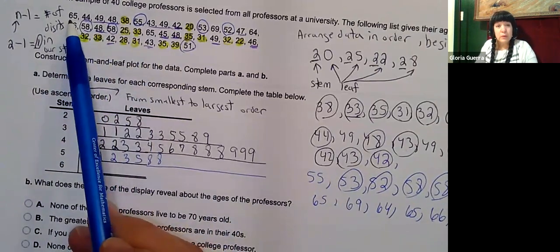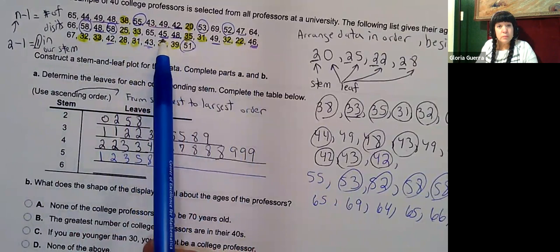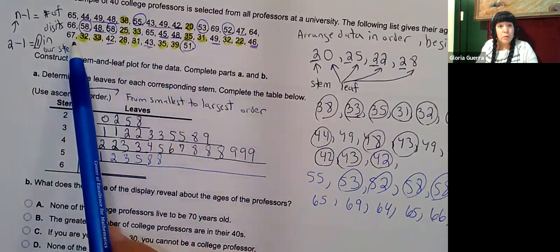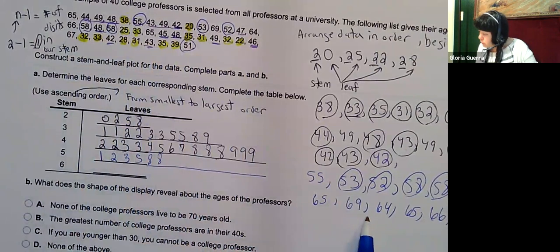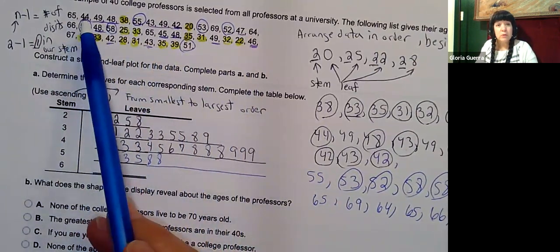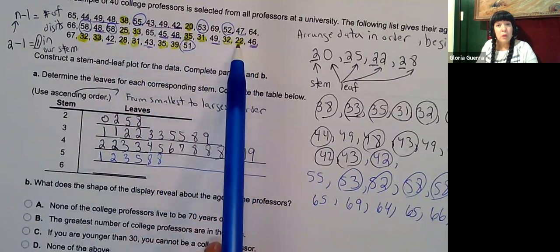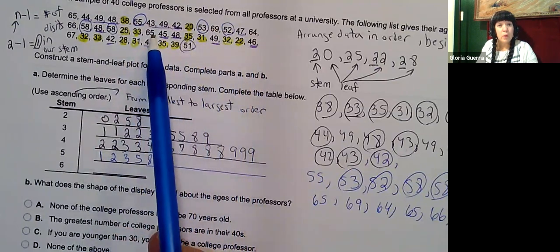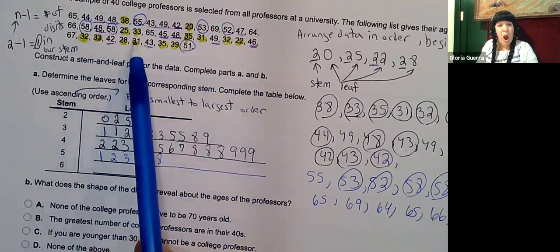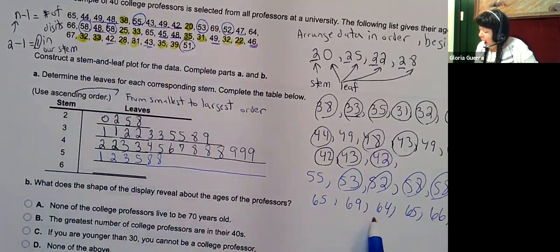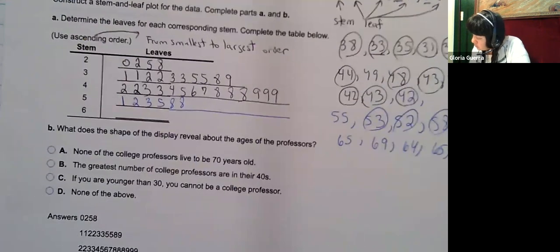Six 60s. Let me check again: 1, 2, 3, 4, 5, 6. Okay, good, good. And then you want to order from smallest to largest.